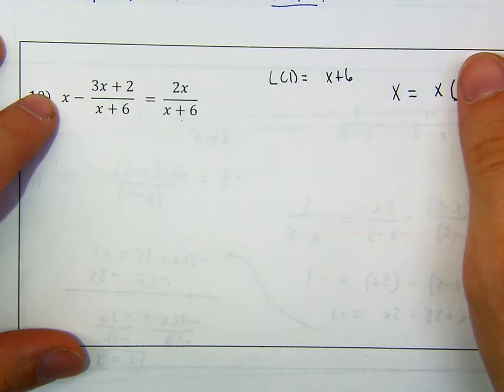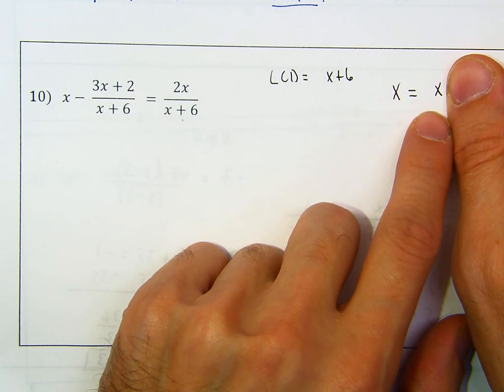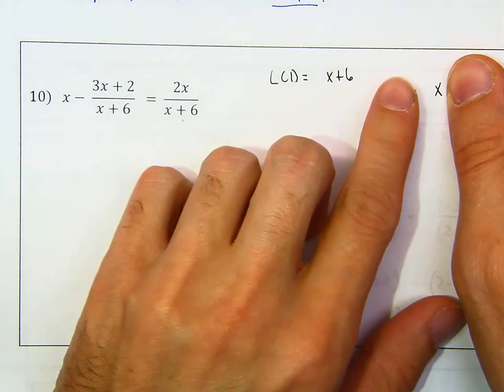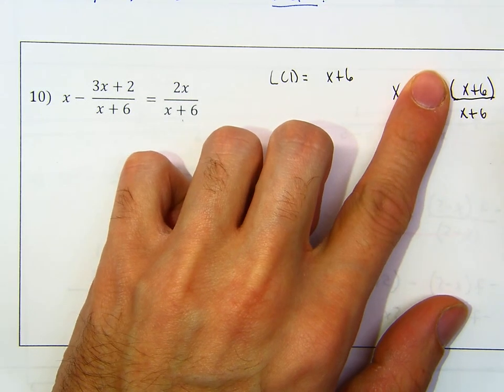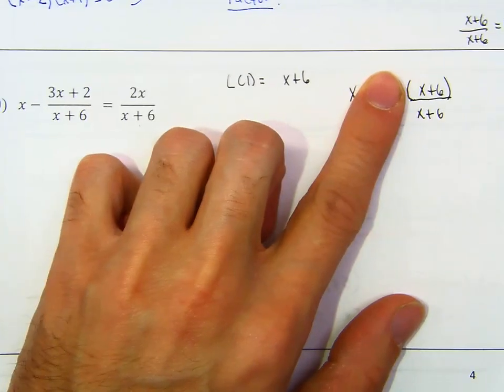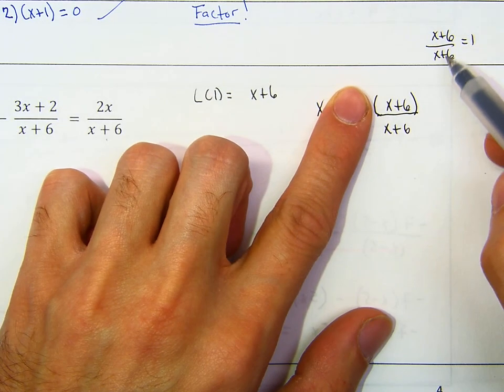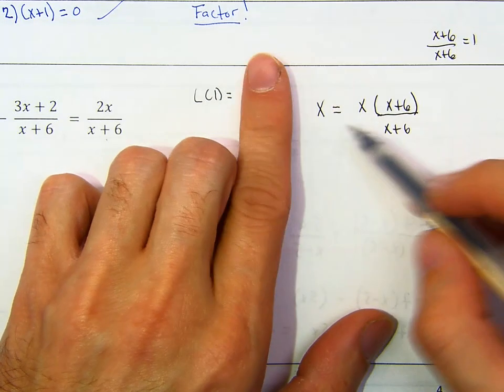And the idea is, notice that, you see how this is true, that x is equal to x. But then why are we allowed to just do this over here? Because notice, what is something divided by the same thing? You see, x plus 6 divided by x plus 6 is 1. Oh, sorry, I should have wrote that here. You see, x plus 6 divided by x plus 6 is 1. And 1 times anything is the same thing.